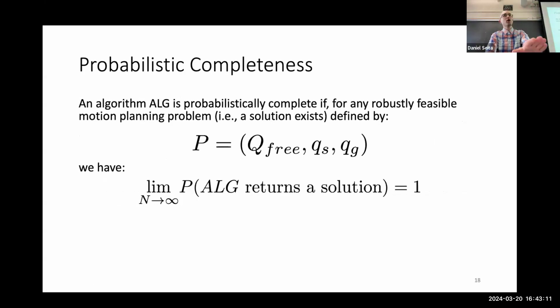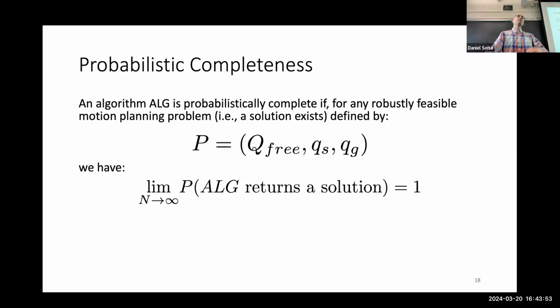All right. More concretely, an algorithm is probabilistically complete if for any robustly feasible motion planning problem, that is, if a solution exists, then as you increase the number of sample points in the sampling-based motion planning, which is different from the number of vertices in the tree, because the vertices grow in the direction of the sample, then the limit as n goes to infinity of the probability of the algorithm returning a solution is 1.